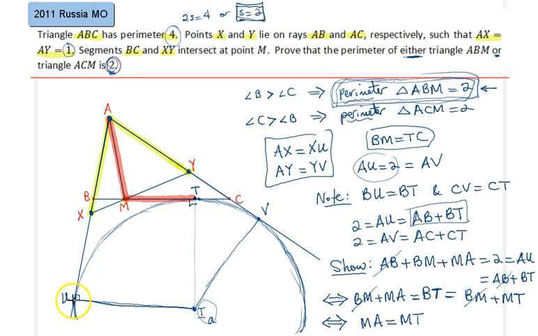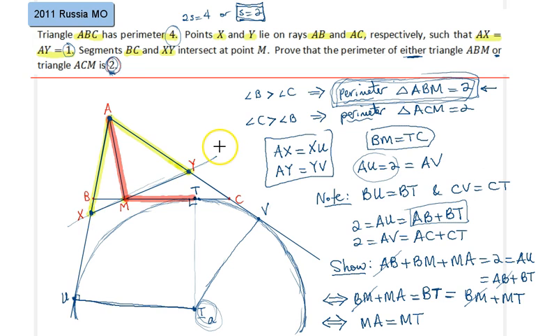Recall that I constructed U such that X would be the midpoint, or you can say AX is equal to XU, and similarly AY is equal to YV. Therefore, the radical axis of these two circles, namely the X circle here, centered at I sub A, and the circle with center A and radius 0, the radical axis is XY here.